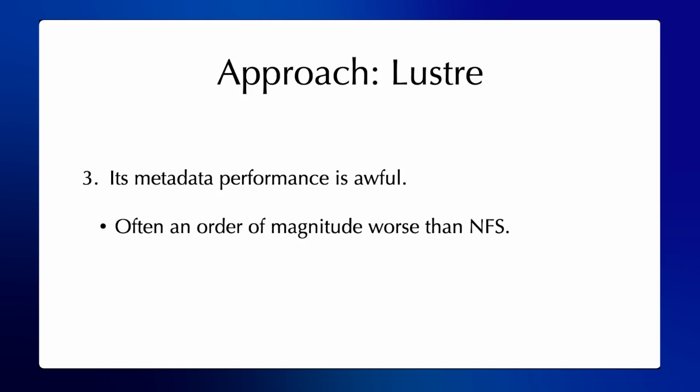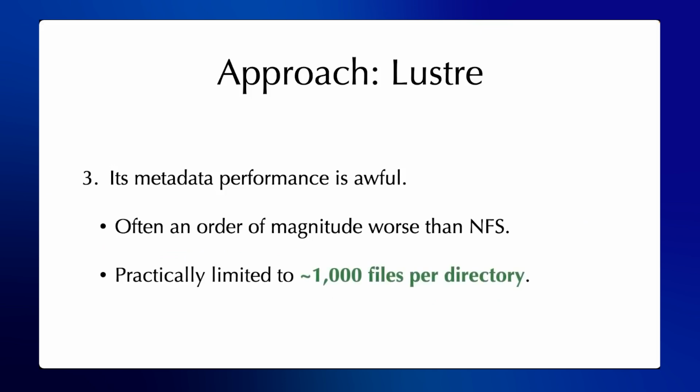And what this really atrocious metadata performance means is that you're practically limited to about 1,000 files per directory before performance starts to tail off. In contrast, if you use something like Amazon S3, you can have 1 billion files in a bucket and it will not even blink. And that's going over the public internet. But Lustre, more than about 1,000 files per directory, you're going to have problems.